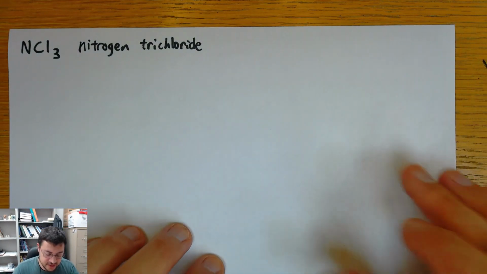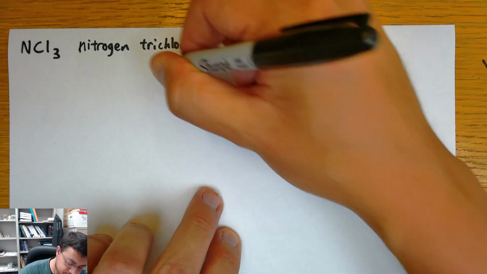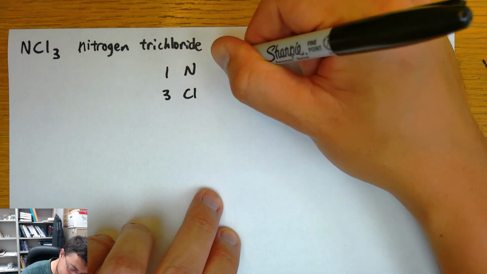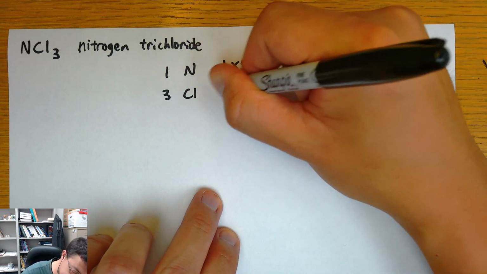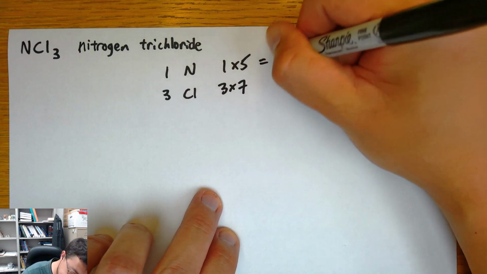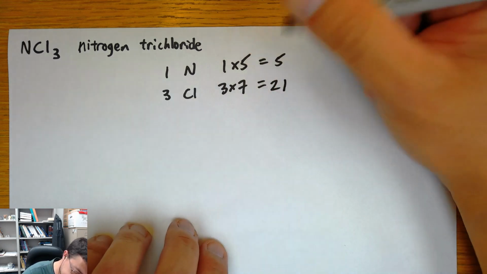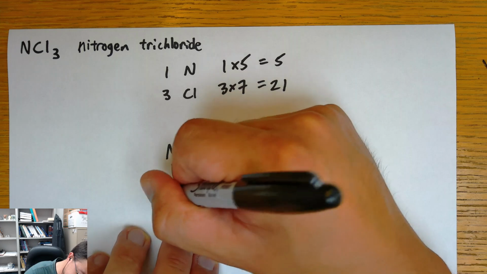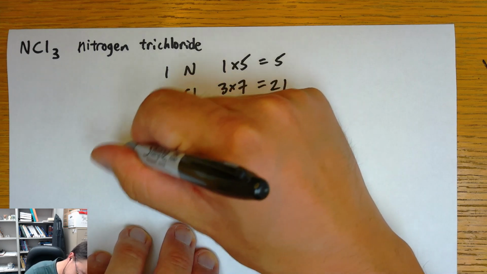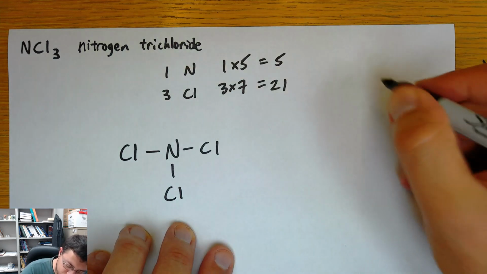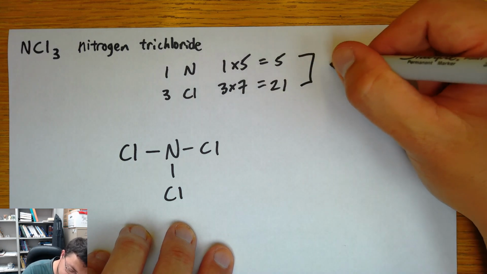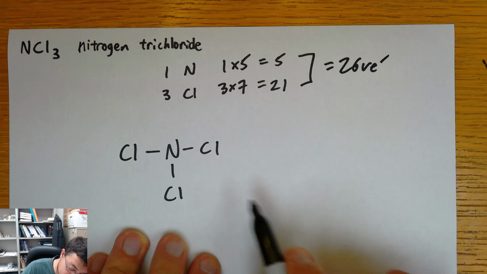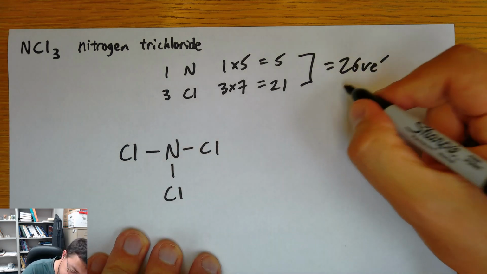All right, nitrogen trichloride. Okay. Oh, I went so fast I didn't even get the total. Total is 26 valence electrons. Spend 2, 4, 6.